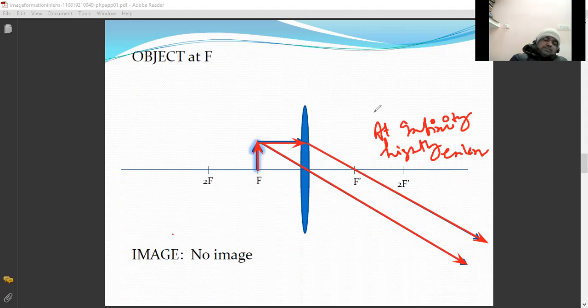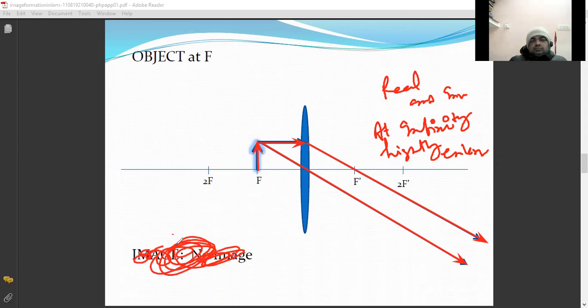One more thing: it will be real and inverted. These are the characteristics. So this point you should ignore. Let us proceed further.